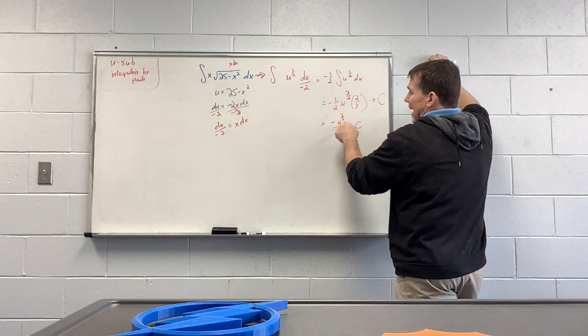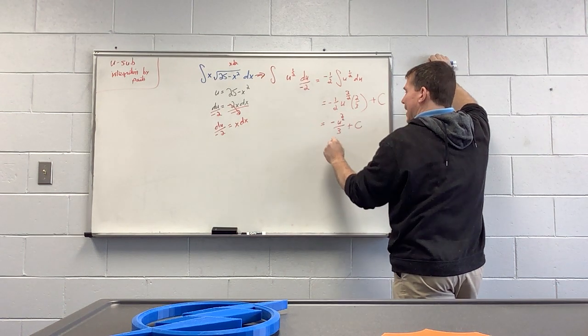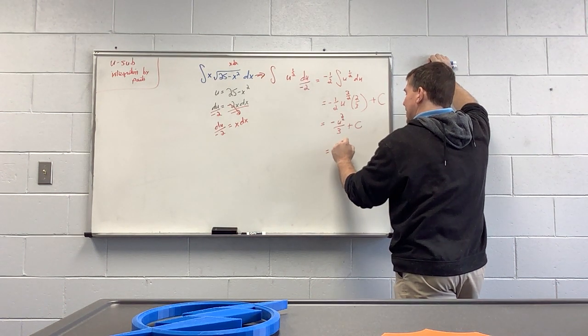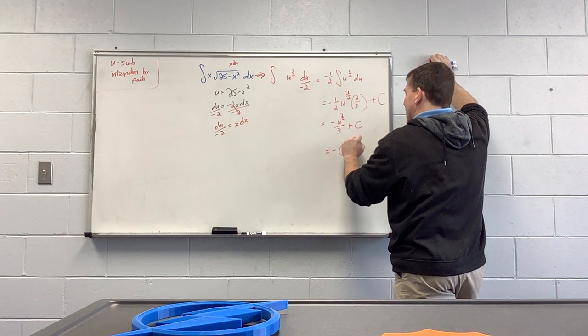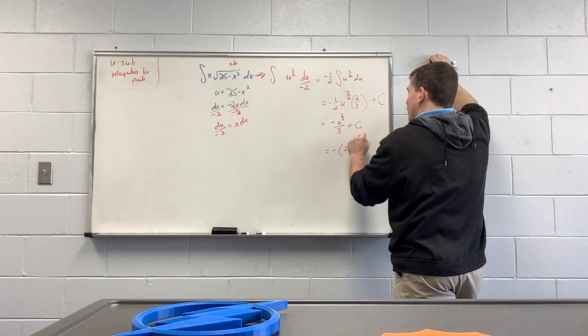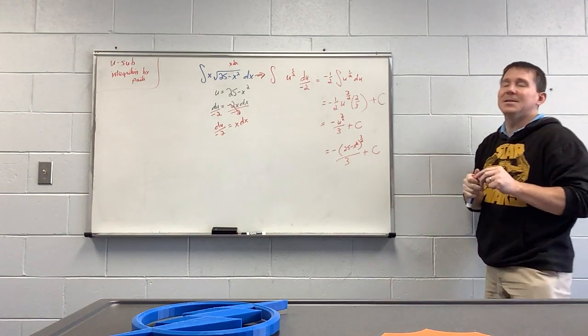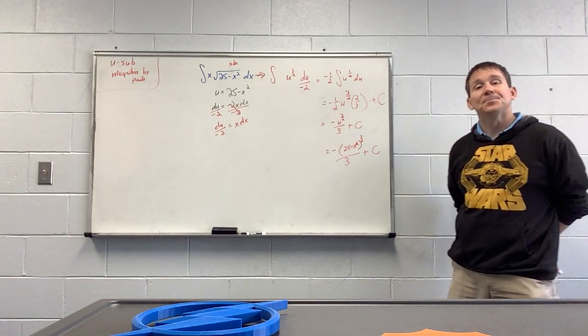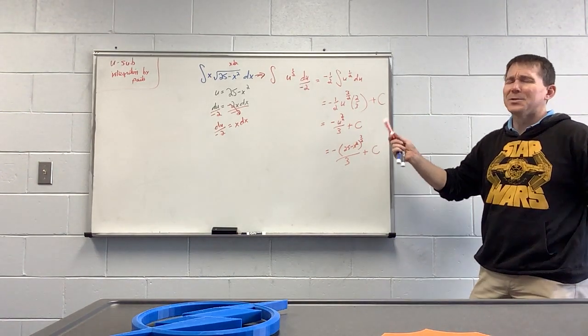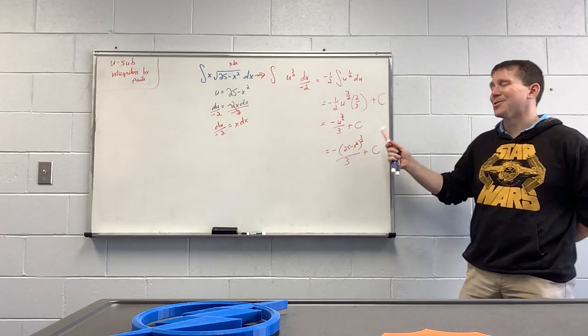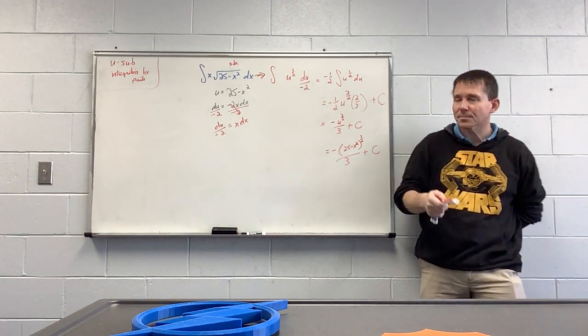And then I substitute back. u was 25 minus x squared, so I get negative (25 minus x squared) to the 3/2 all over 3 plus c. And I'm done. If you do your U substitution a little bit differently, that's fine, as long as you arrive at this answer right here.